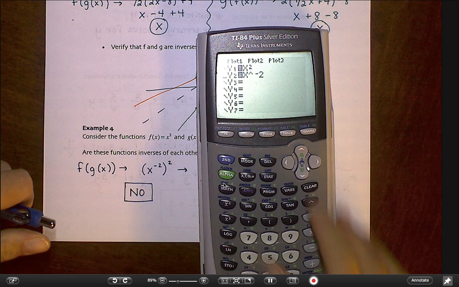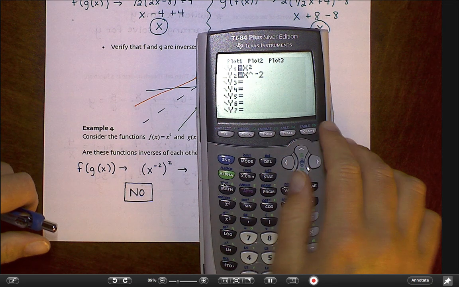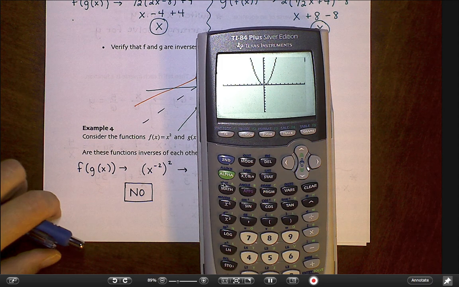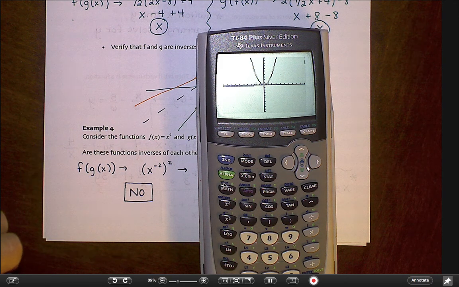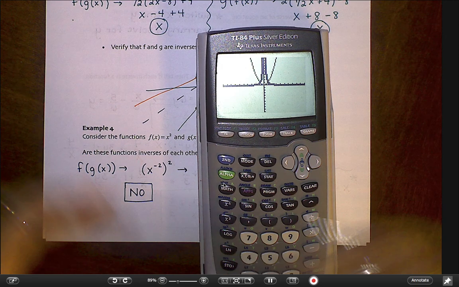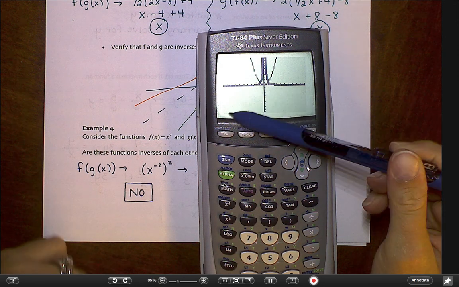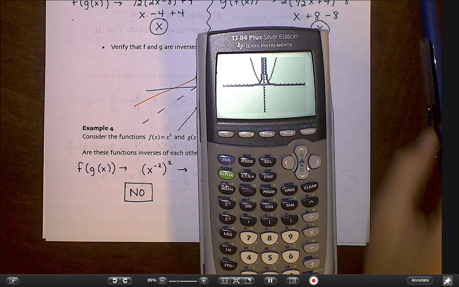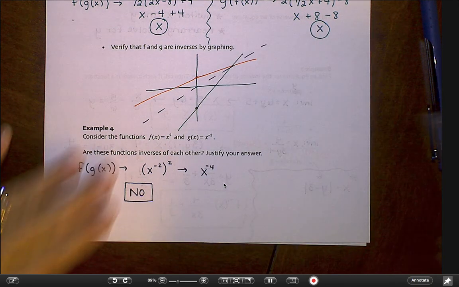Let me darken this one in. There we go. So there's x squared. There's x to the power of negative 2. Almost looks like a hyperbola. Technically, it's called something different, but same idea with the asymptotes and everything. But if you drew that diagonal line in, definitely these two things would not be, I mean, the shape isn't even the same. So nope, not inverses.